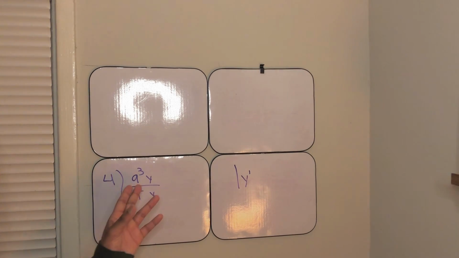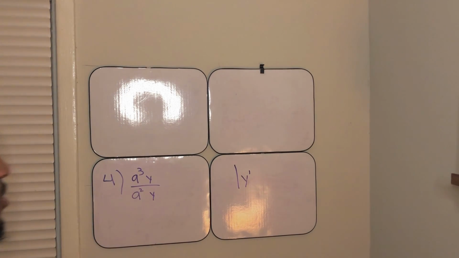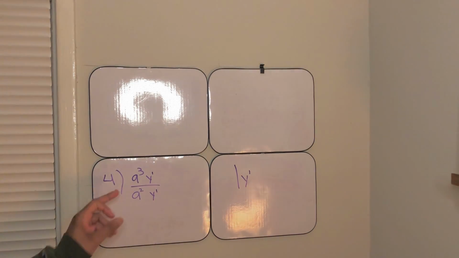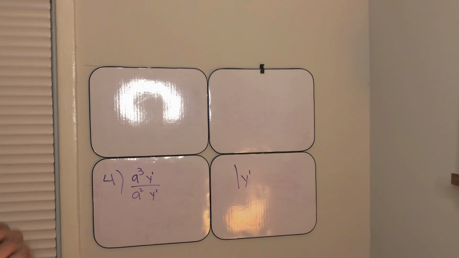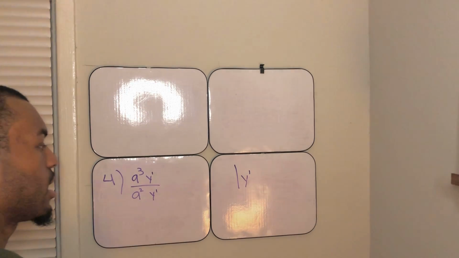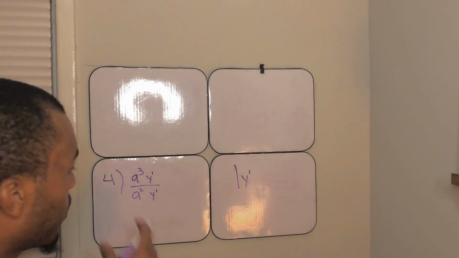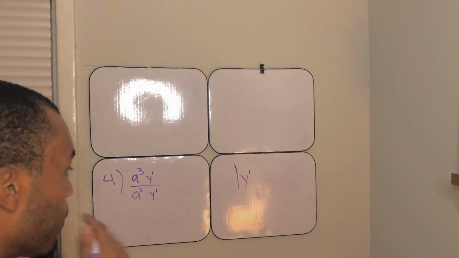We'll do it like this. So we got a cubed times y. But remember, it's a 1 right here, and a 1 right here too. a cubed times y to the 1st divided by a squared times y to the 1st. Again, we're just going to focus on the numbers and the variables that are the same. Let's focus on these a's right here.